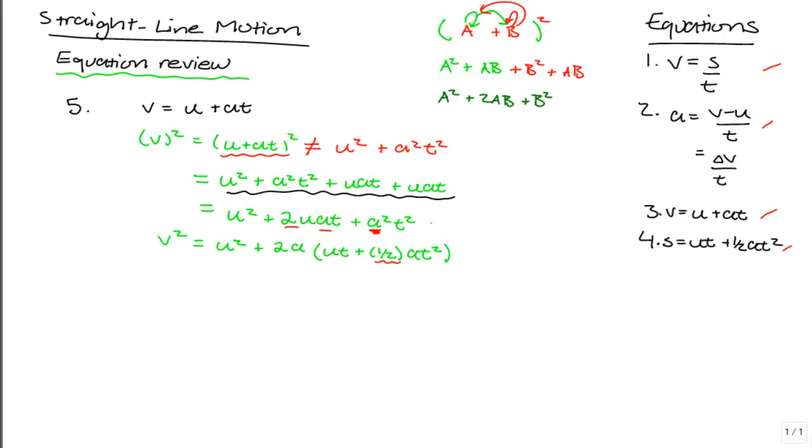When you factorize out the 2a, you have to multiply the a that's remaining, this a right here, by a half, so that if you wanted to work in the opposite direction, when you multiply the 2a by the half inside the brackets, you'd get back 2a times a t squared, so you'd get a squared t squared, which is what you started out with.